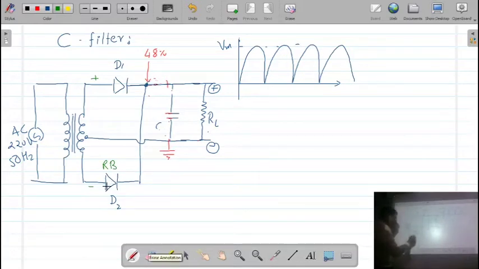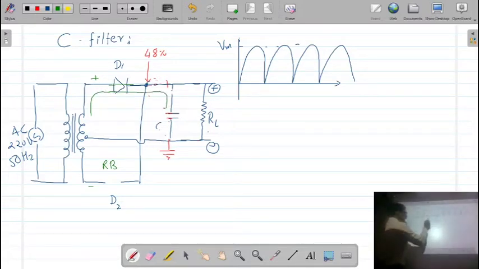You can say the resistance offered by this diode is very high, so we can consider it as an open circuit. Now this diode will behave like a short circuit because it is in forward bias. So whatever the current is coming from the transformer, it is passing through the diode D1 and it is going to charge the capacitor.